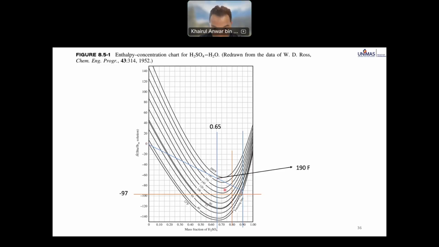So the maximum temperature, the highest it can go, is here between 180 and 200 degrees Fahrenheit, approximately 190. At this point, it's 0.65 or 65% H2SO4.